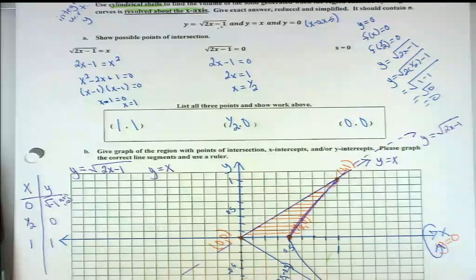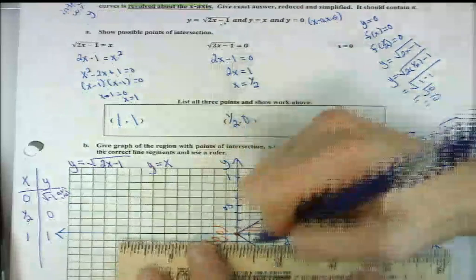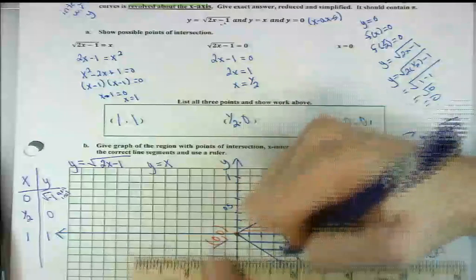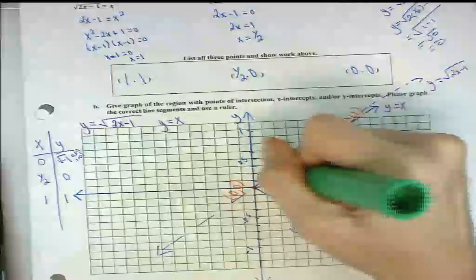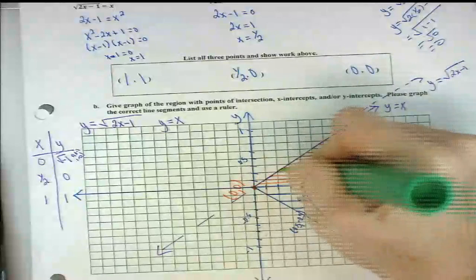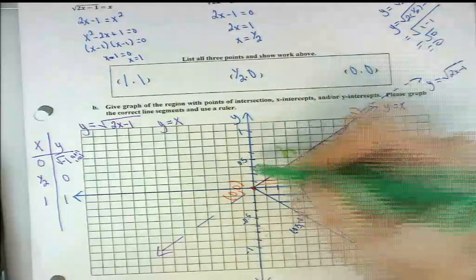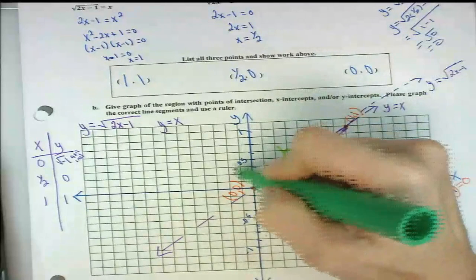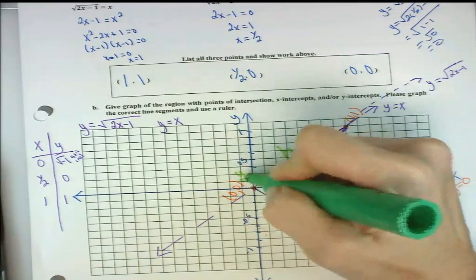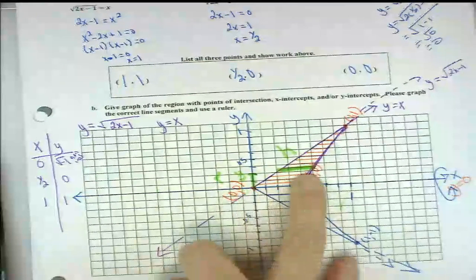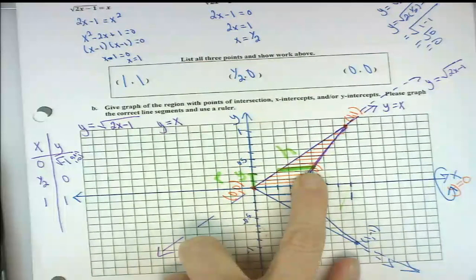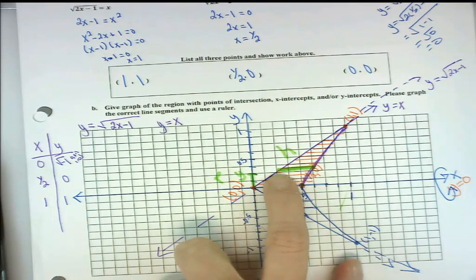I would still have my cross sections. The curve on the right is y equals the square root of 2x minus 1, and the curve on the left is y equals x.